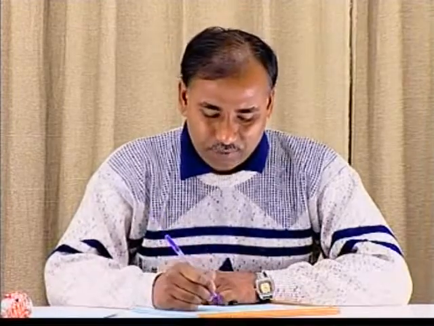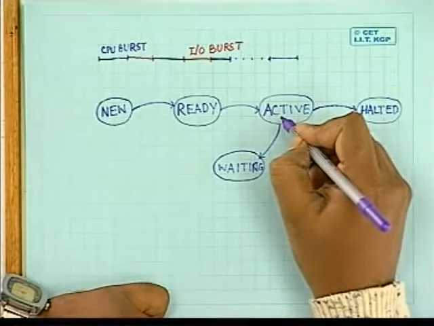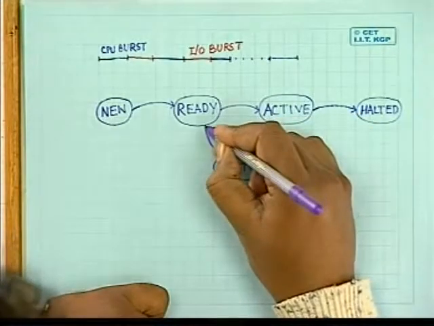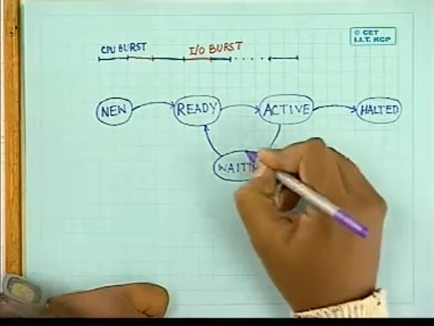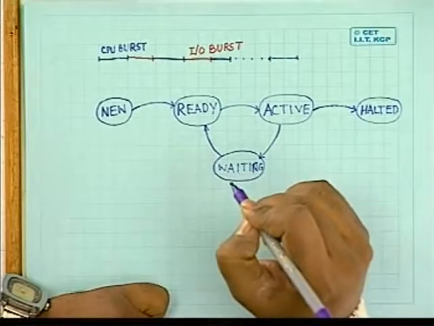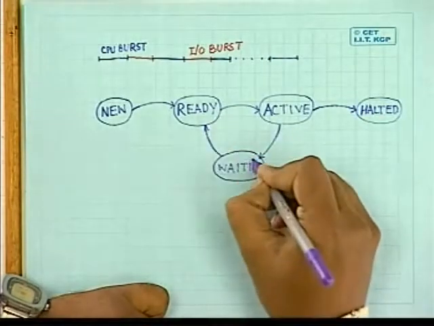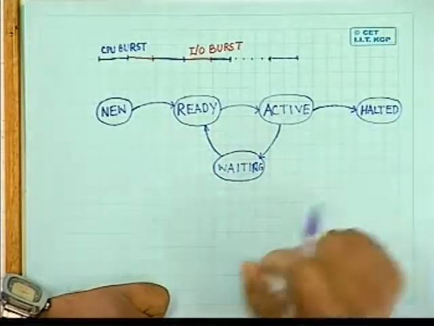So I cannot move this waiting job to active state immediately. So what we do is, from the waiting state, you move the job to the ready state. That means it is again in the ready queue. The job becomes ready, and again the CPU scheduler later decides when to give this job to the CPU for execution of the next CPU burst.